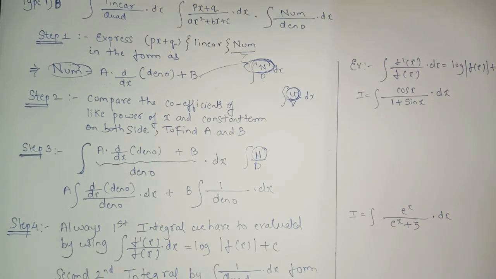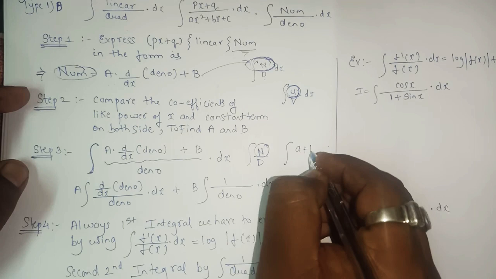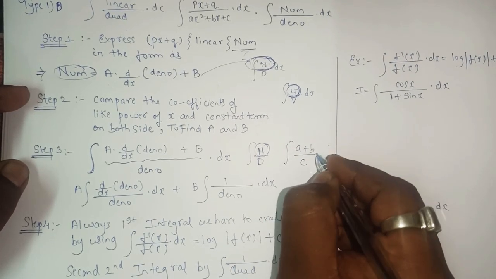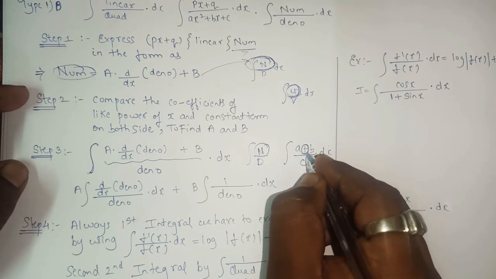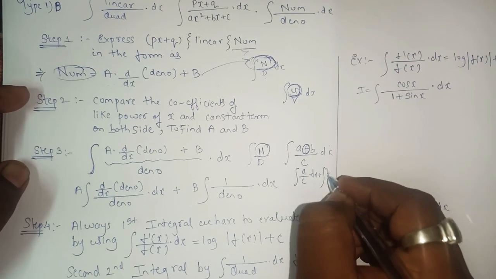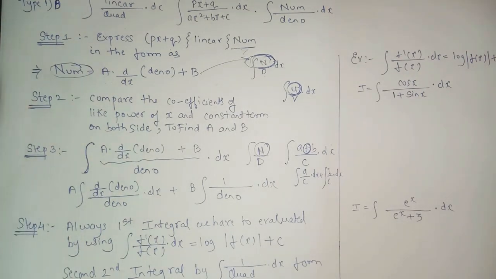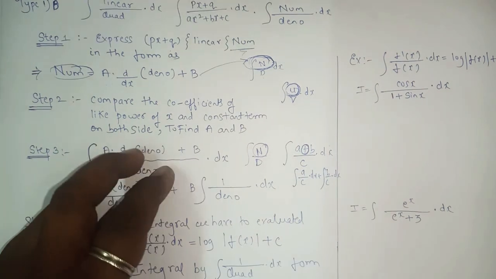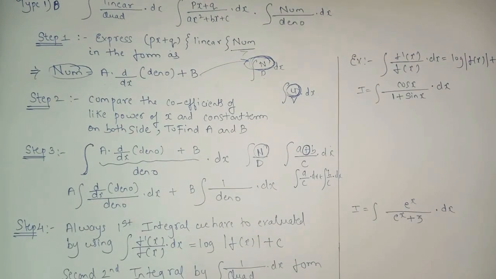After that, whenever you have two terms in the numerator and only one term in the denominator, you can break this integral as a upon c dx plus b upon c dx. I hope you all know this basic step, as it was there in the first exercise. Whenever you have two or more terms in the numerator and only one term in the denominator, you can separate them.